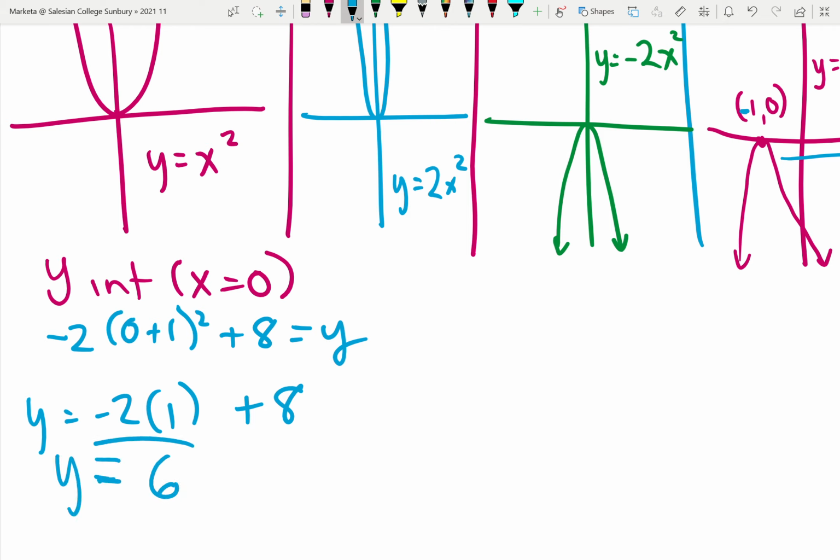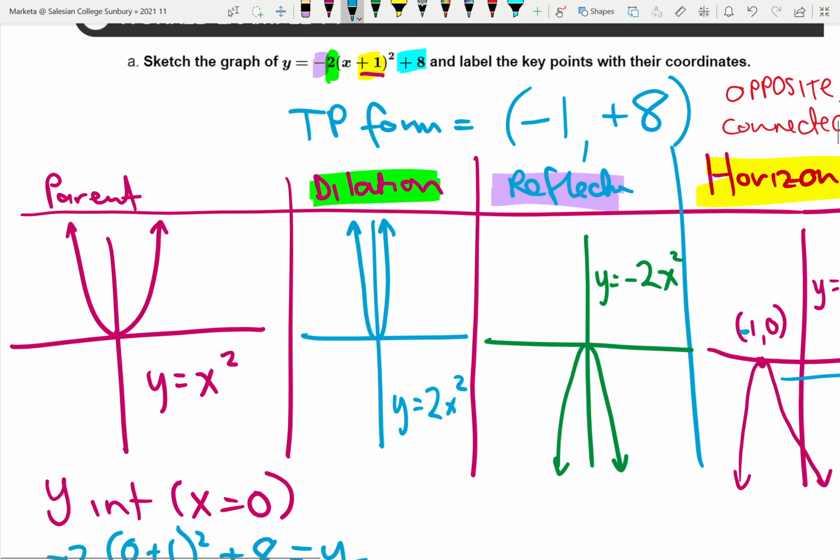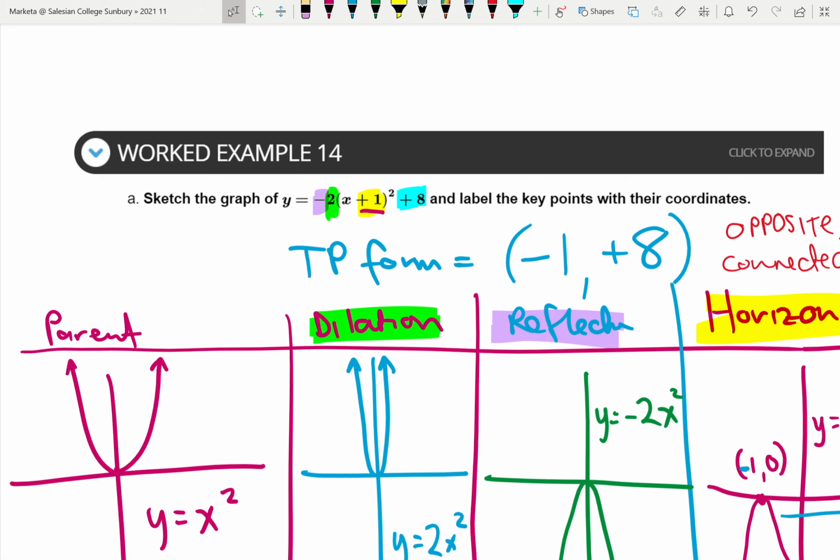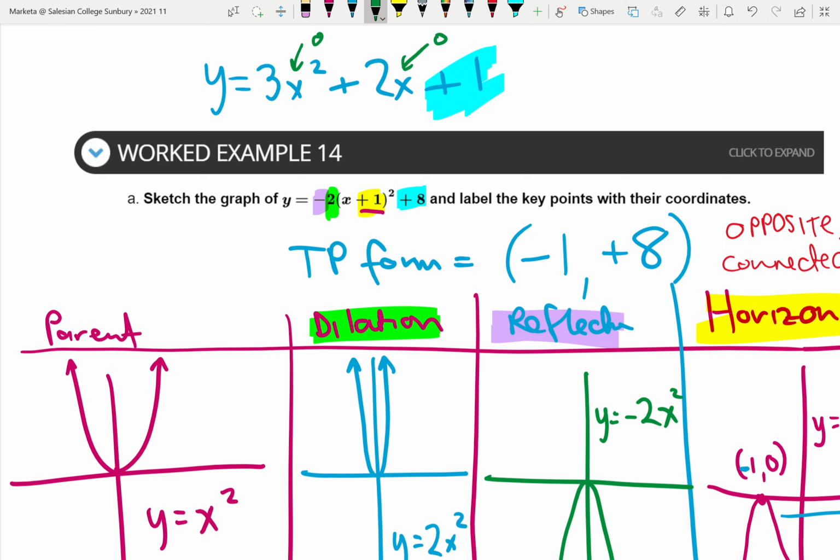And what you want to be careful of here is, well, in some examples, when your equation is written out not in turning point form, like just say you had y equals 3x squared plus 2x plus 1, well then you can immediately see that the y-intercept is 1. So you don't need to do really any working out, because when we sub in the 0 into these, well, they're going to just be cancelled out. So what you're left with, y equals 1.